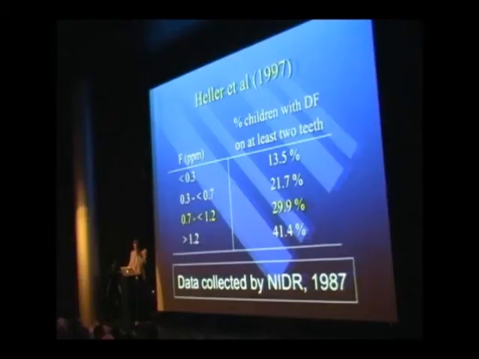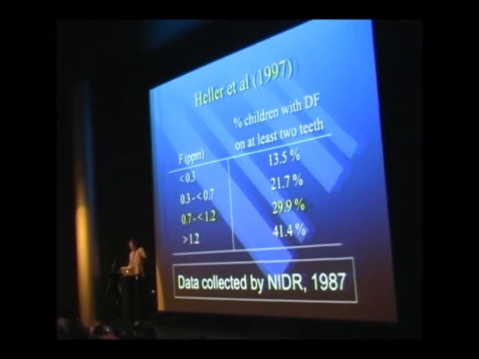We reduce tooth decay, but we wouldn't cause too much dental fluorosis. Well, let's look at the figures from that same massive review by the National Institute of Dental Research. Nearly 30% of kids in fluoridated communities in the United States had dental fluorosis. This is in 86, 87, reported in 97.